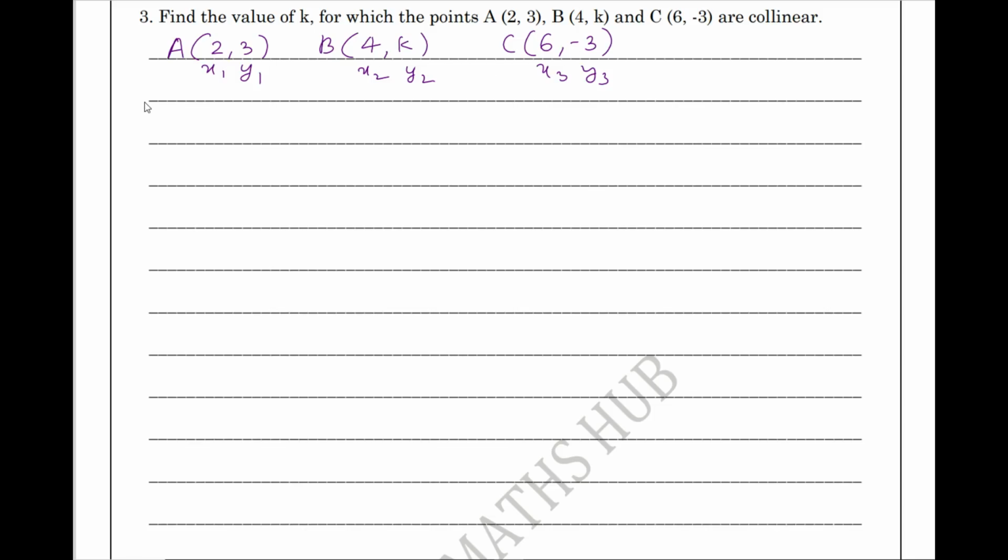Now what is the given condition? The points are collinear. It's better to write down the given condition in the answer. If the points are collinear, that means area of triangle will be equal to 0. Now what is the area of triangle formula?